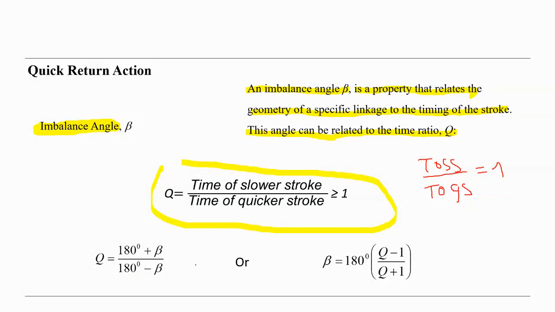If we solve for beta from these equations, we can calculate beta like this: beta is equal to 180 degrees times (Q minus 1) over (Q plus 1).